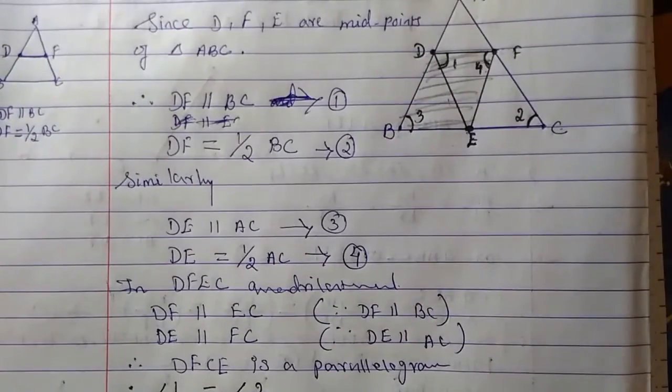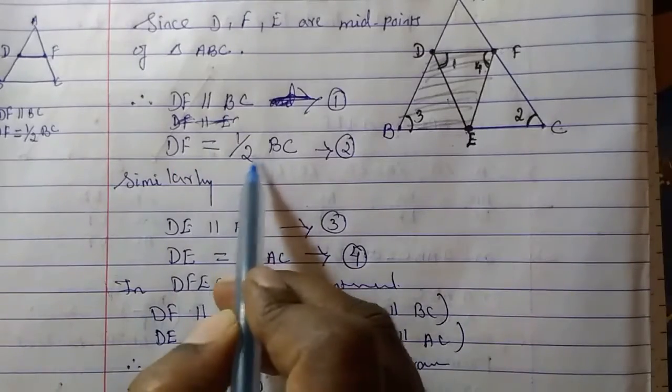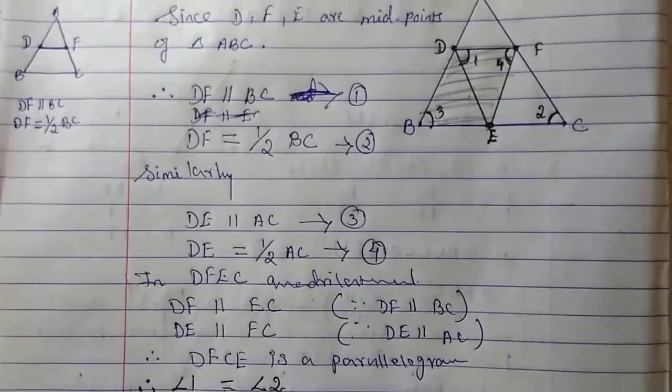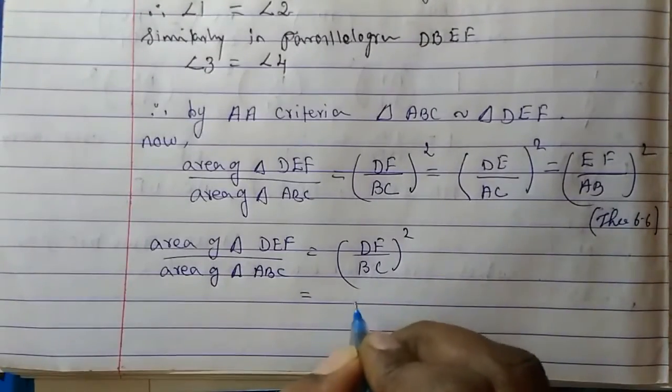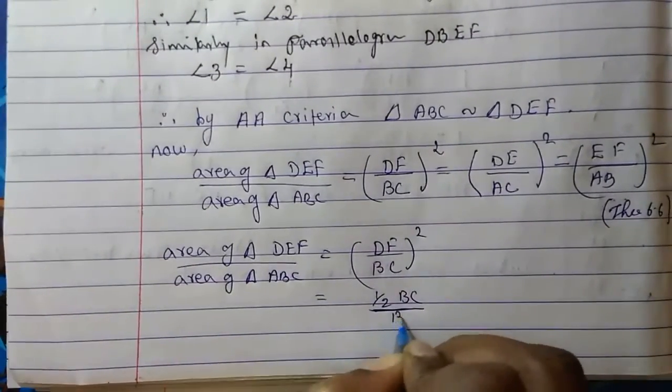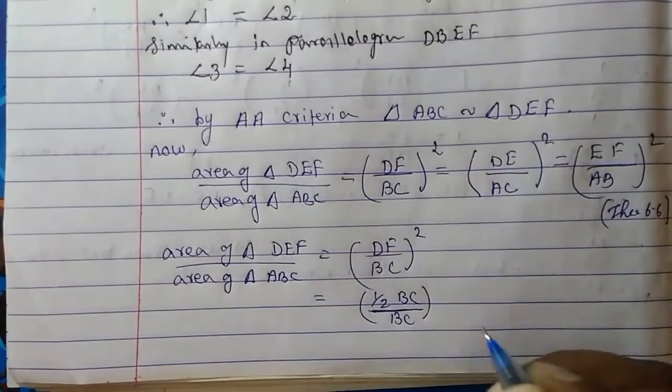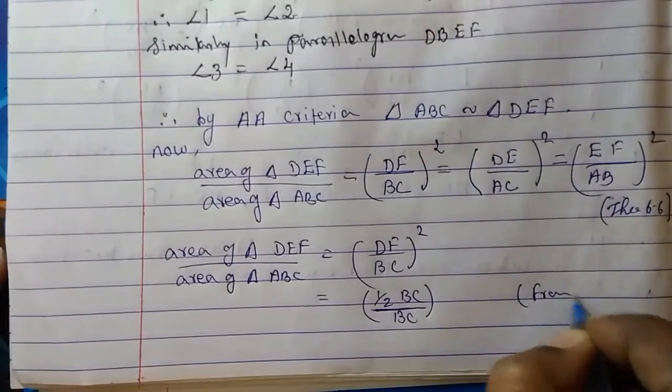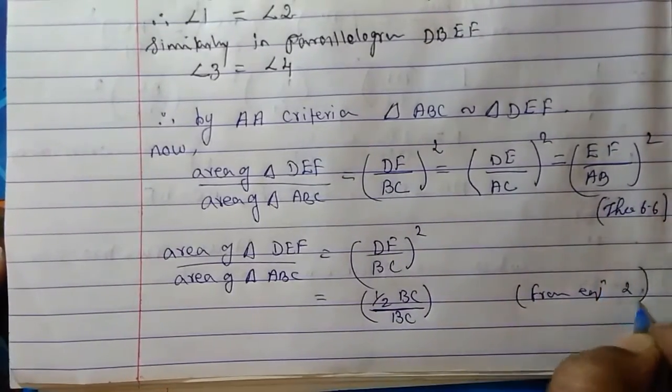So DF is equal to half of BC. So let's write down that. That is from equation 2. Okay, so DF is half of BC upon BC. Okay, this you can write down from equation 2.